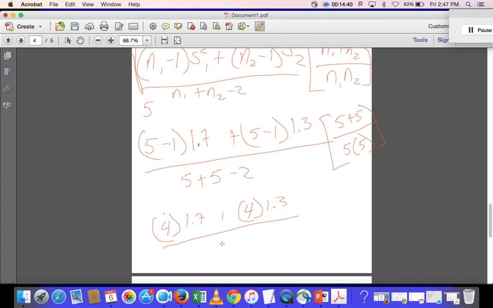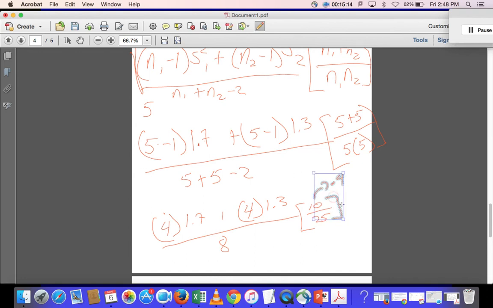Divide that by a value of 8, because 5 plus 5 is 10 minus 2 is going to be in this case 8, times, which would be 5 plus 5 is equal to 10 divided by 25, and 10 divided by 25 should give me a value equal to 0.4 if I'm not mistaken.